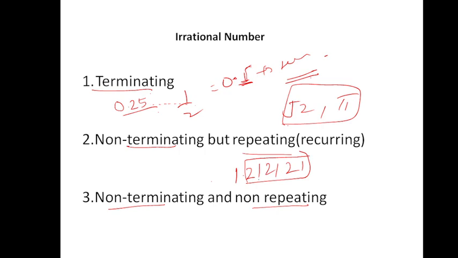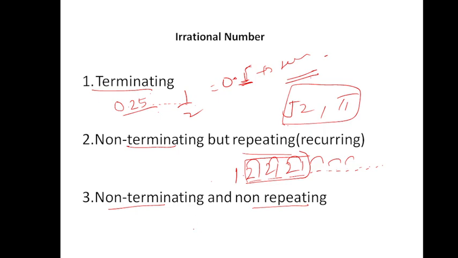You have to notice here 2 1 2 1 2 1 continuously grows, and 2 1 2 1 2 1 is repeating. Here is the 2 1, here is the 2 1, here is also 2 1 2 1. So it is the nature of non-terminating and repeating.